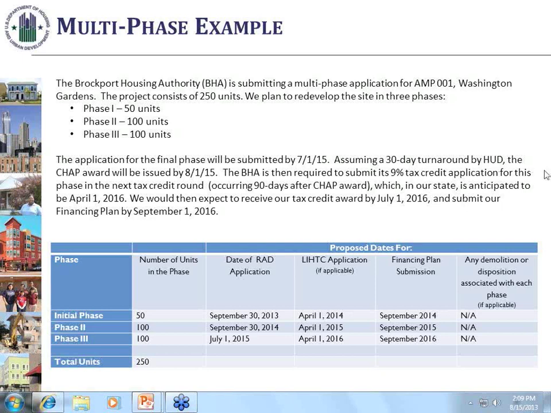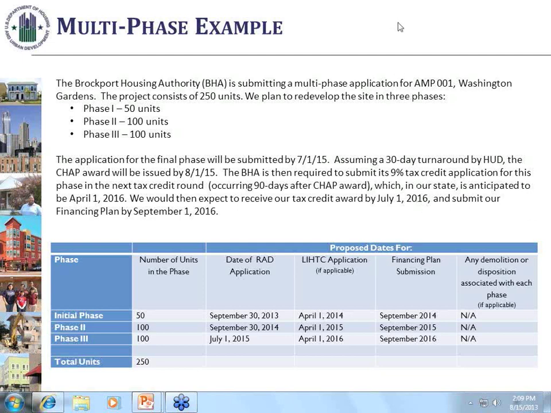But in this particular example, we assumed that the PHA, in that state, after we made the award to the PHA for their CHAP on 8/1/15, really couldn't submit until April of 2016. Therefore, they would submit to the state for their tax credits on April 1, 2016.